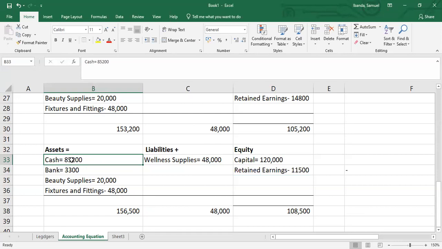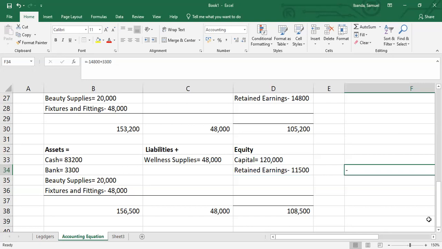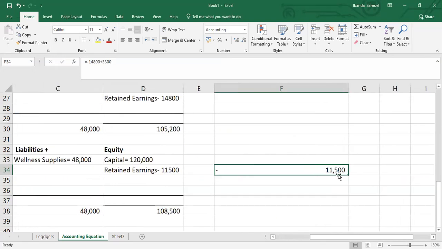So I'm going to reduce this by more 2000. Then I'm going to reduce my retained earnings. The one that is standing at 11,500, I'm going to remove 2000 to reflect the wages because wages reduce the retained earnings a little more.